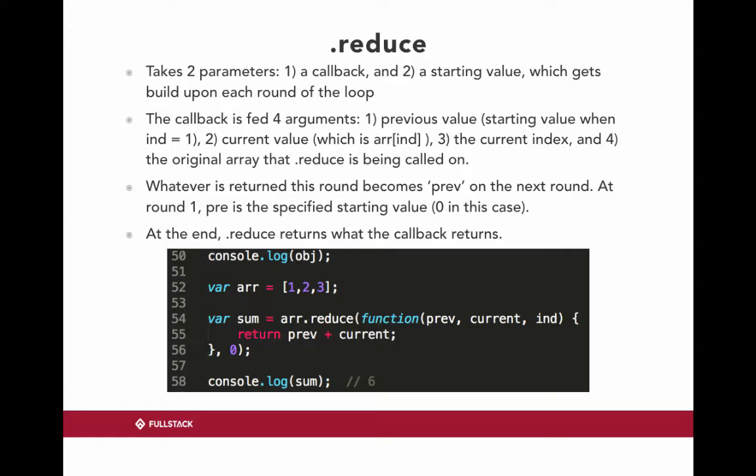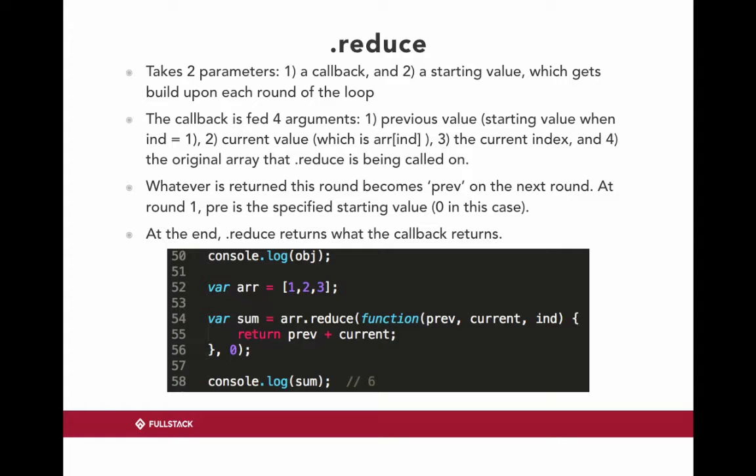So this callback takes more than just 2 parameters. I've written 3 in, but it actually takes 4. The first one is the previous value in the loop. The first time in the loop, when you're at the first value, prev actually refers to the starting value.